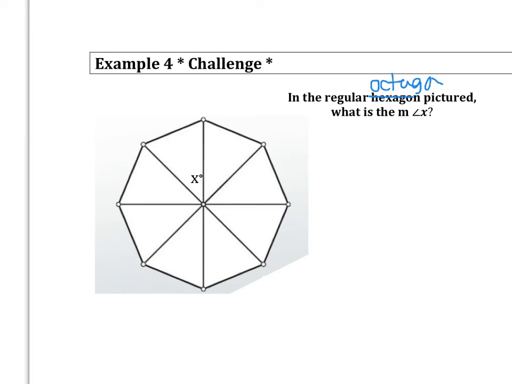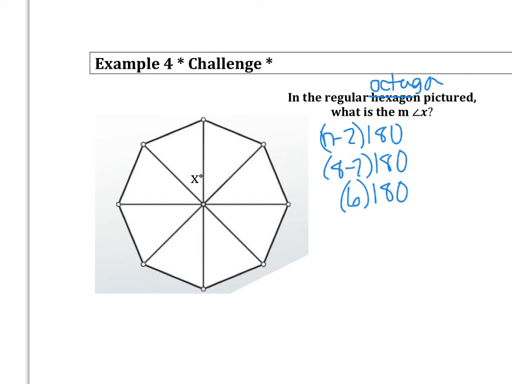So what we would want to do is find the angle sum of an octagon. And we can do that by just using our n minus 2 times 180 formula. So this would be 8 minus 2 times 180. And 6 times 180 will give us an angle sum of 1,080 degrees.